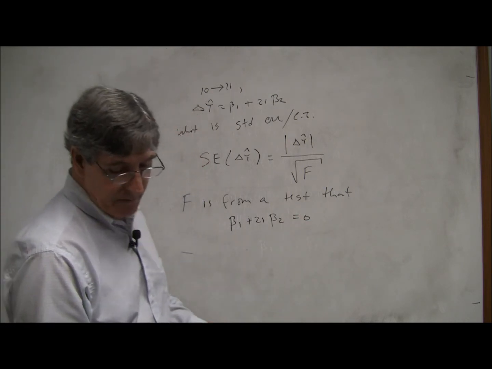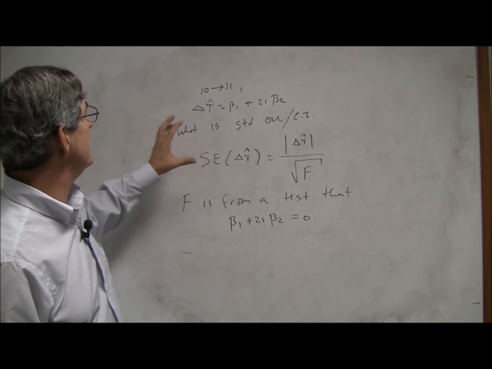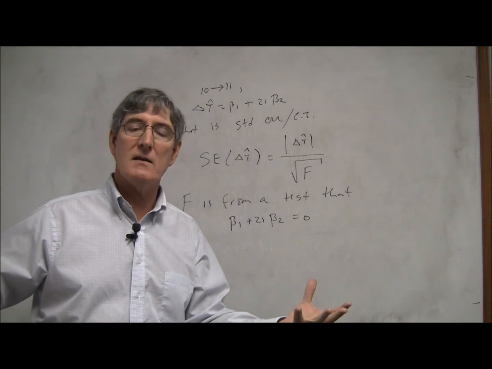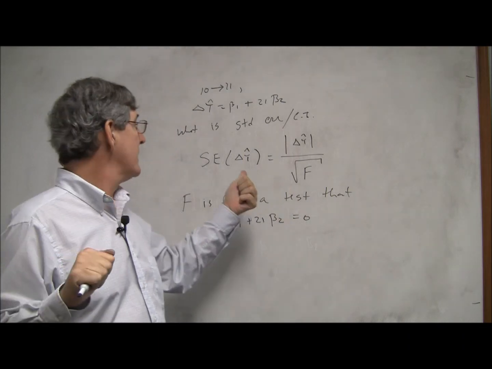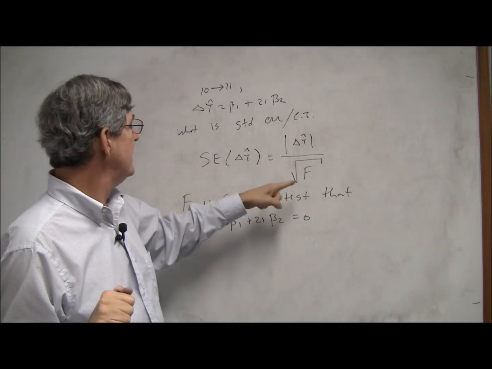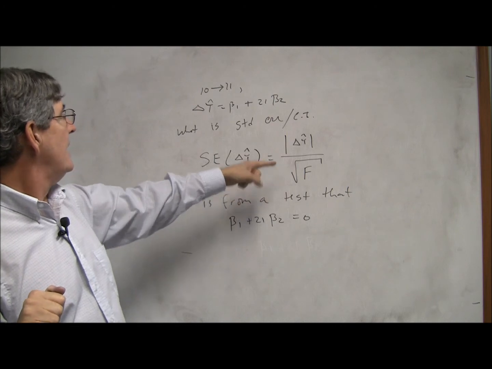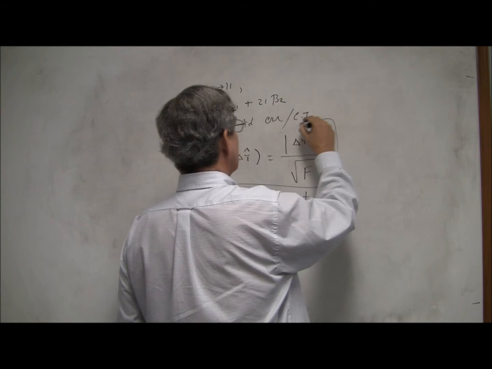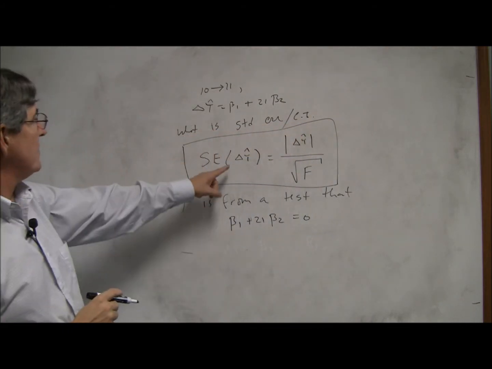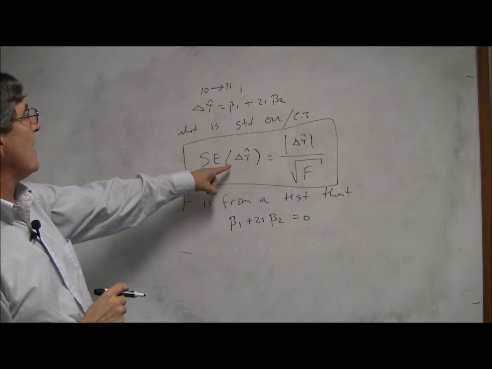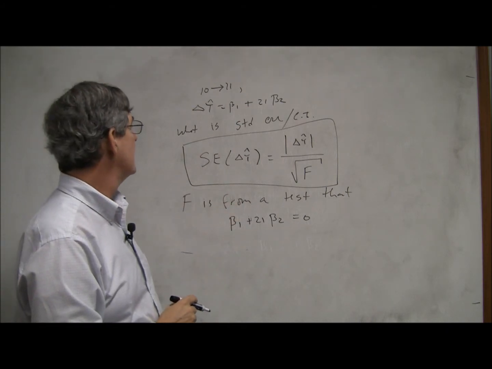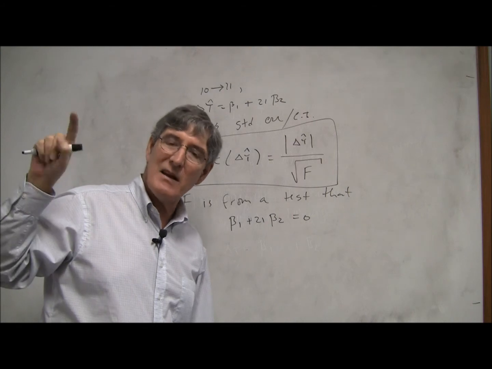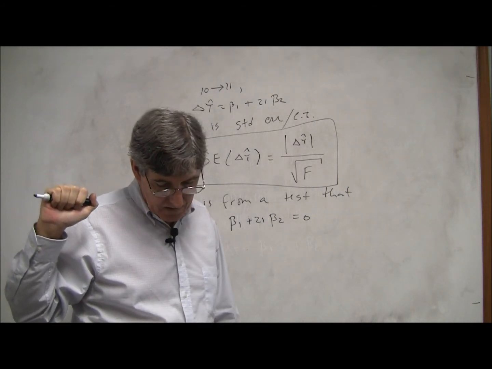So what you would do would be to run the regression, run test scores on income and income squared and a constant, tell the computer to do this test, and then you'd get that F. And then this formula gives you the standard error for the change in y hat. And then from the standard error, you can get the confidence interval. It's the change in y hat plus or minus 1.96 times the standard error of the change in y hat.